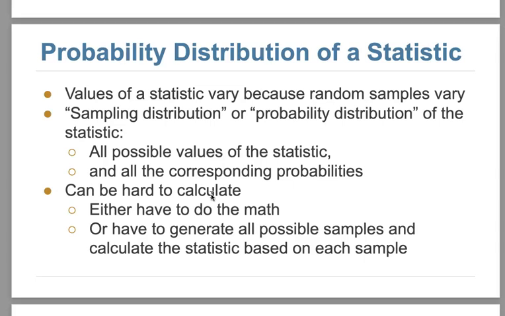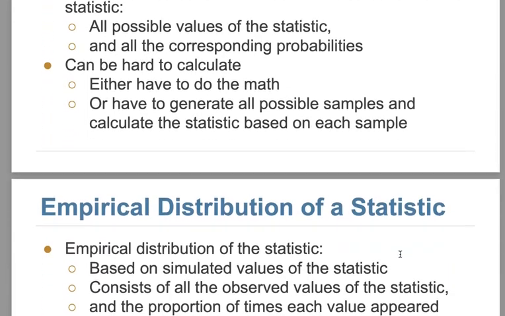Each sample has its own statistic, but every time we run, they are different. They are all possible. But we would have to generate all the possible samples and calculate the statistic based on each sample. So which one will we see more? Which will we trust more to use for the estimation?